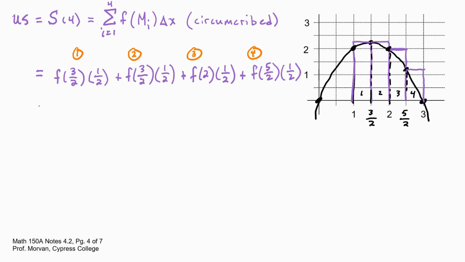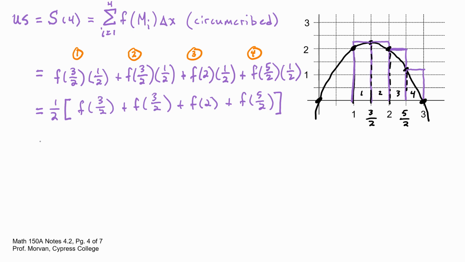Now, just like we saw with the lower sum, we can pull out this delta x from every term. So we will pull out 1/2, and we will have left f of 3/2 plus f of 3/2 plus f of 2 plus f of 5/2 equals 1/2 times f of 3/2, which we know is our vertex, which we already figured out is 9/4.